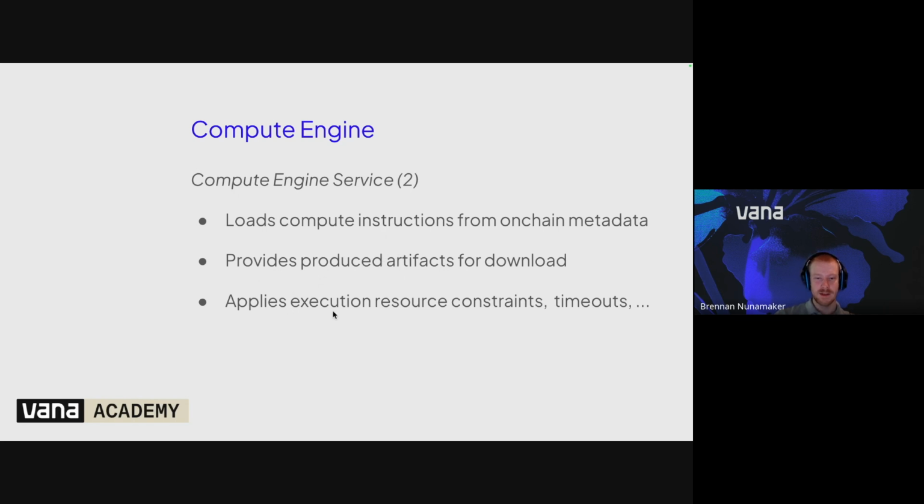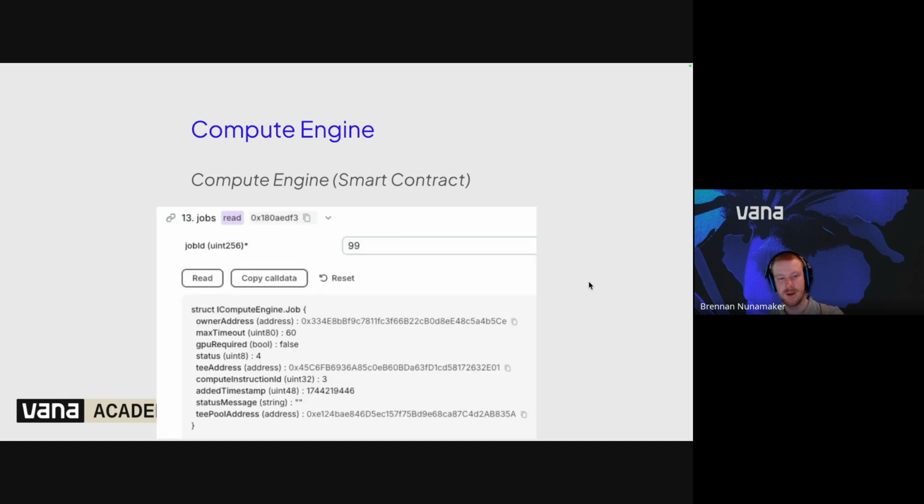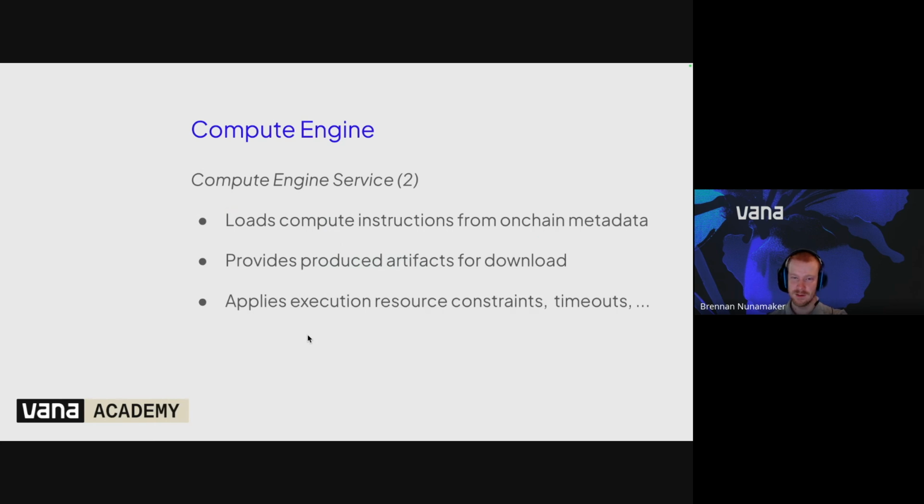It also applies execution resource constraints like timeouts, like that max timeout we saw earlier. This is applied to the Docker image so that it doesn't run indefinitely if it gets stuck or something like that.